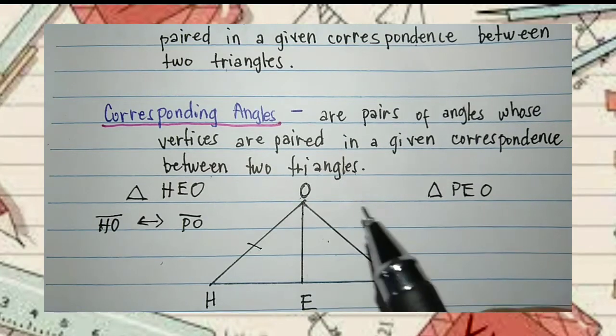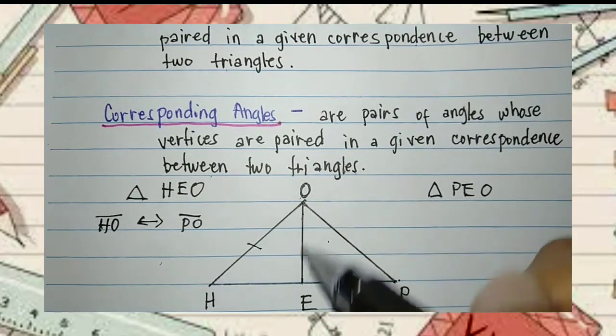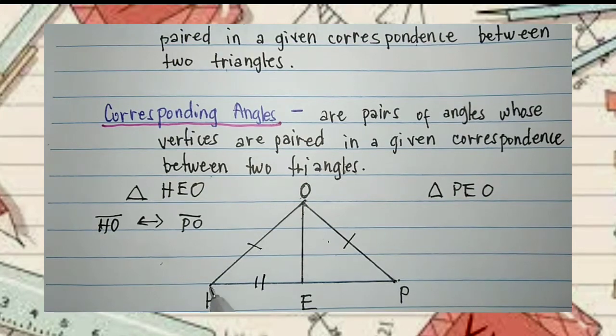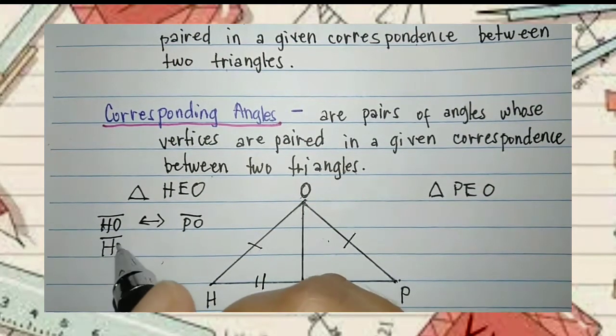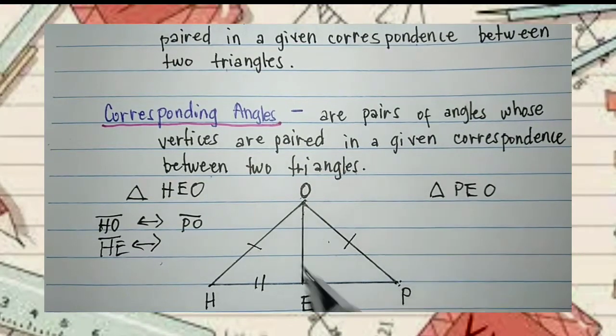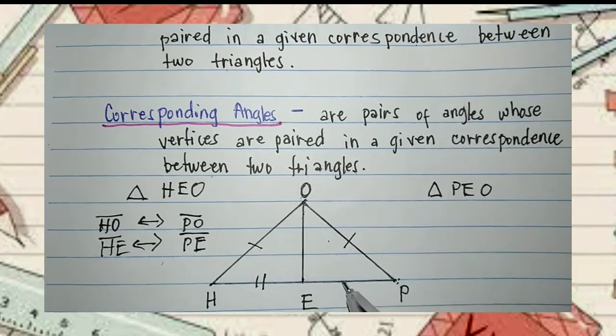So, pag pinaghiwalay kasi natin yan, magiging HEO and PEO pa din siya. Right? And the other corresponding sides is this one. Side HE corresponds to side PE. Tama? Okay? So, wag kayong malilito.